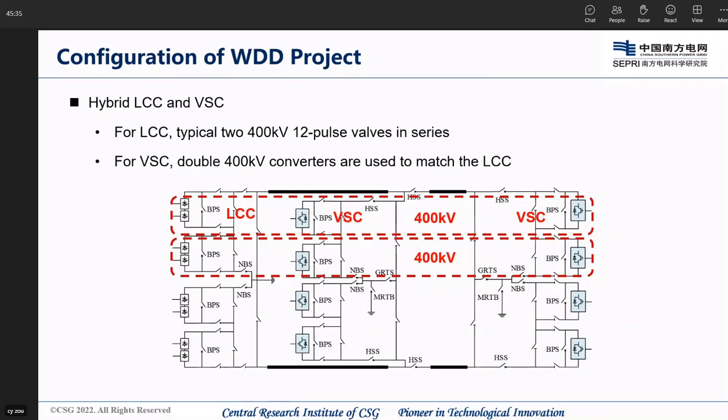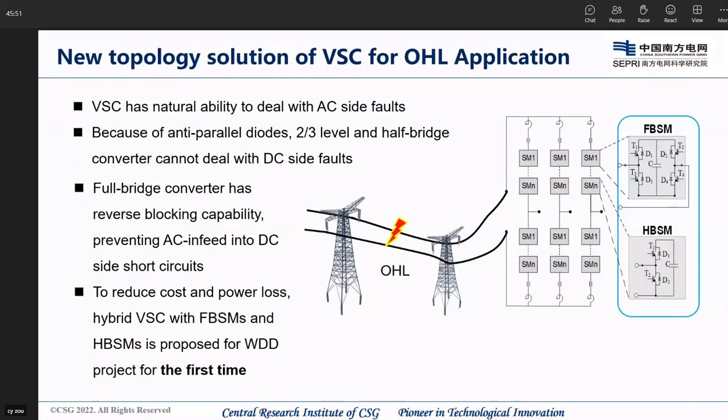For 800 kilovolt LCC, typically two 400 kilovolt 12-pulse valves are connected in series. So to match the LCC, double 400 kilovolt converters are used in VSC. The biggest challenge of the system is the DC fault ride-through.